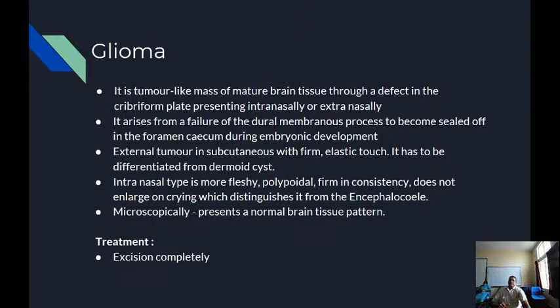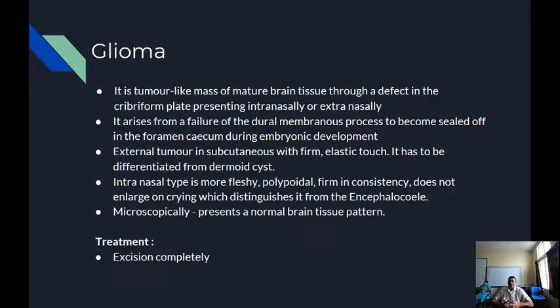The second one is the glioma. Glioma is nothing but the brain tissue outside the intracranium, and this is usually formed because of the failure in the dural membranous process, wherein the seal is not proper, and so there's a small amount of brain tissue which comes into the nasal cavity, and these are usually either extranasal or sometimes intranasal.